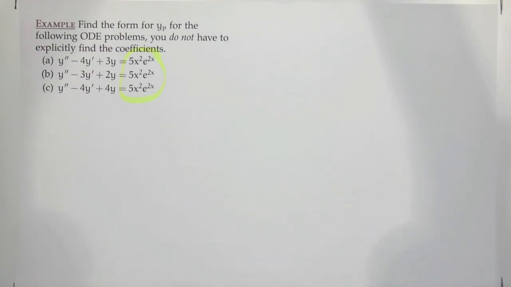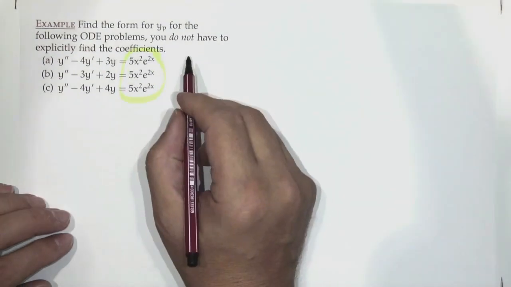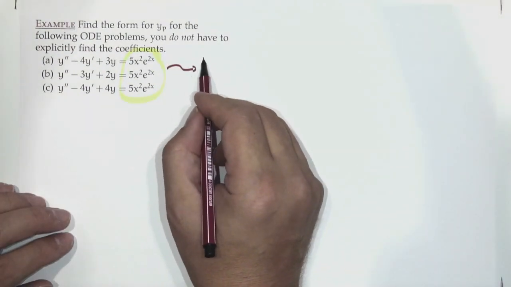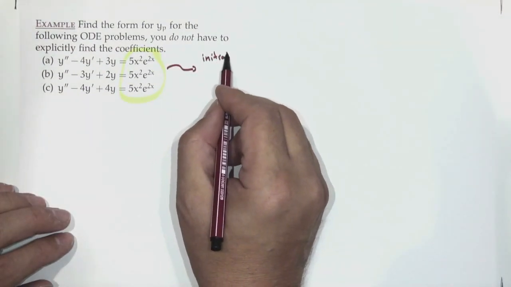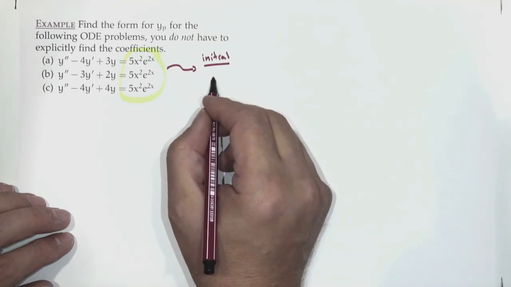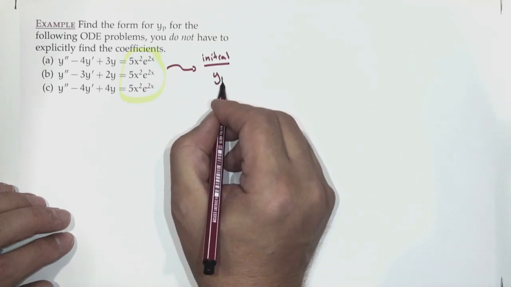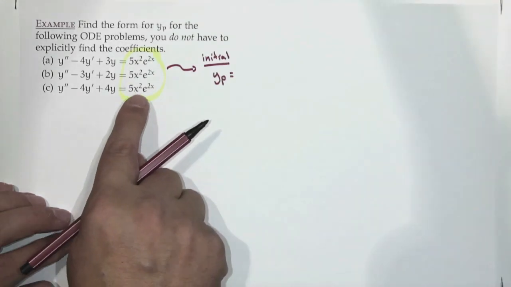Does that mean that our y sub p is going to be the exact same for all of these? Not necessarily, as we'll see in a few minutes. They won't all be the same, but we always have the same initial guess. So our initial guess for y sub p, well, we grab our function. What's our function?